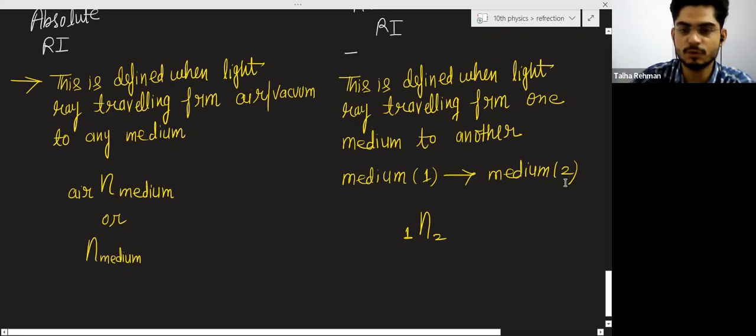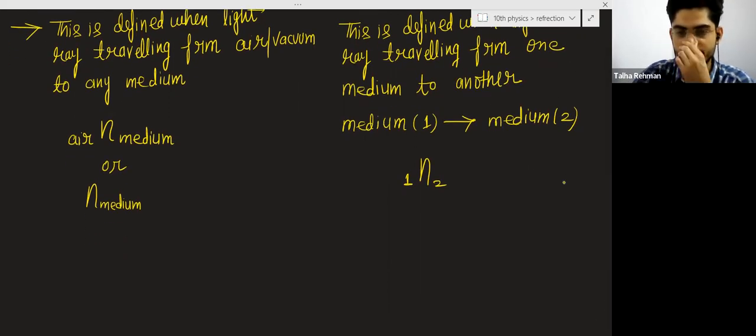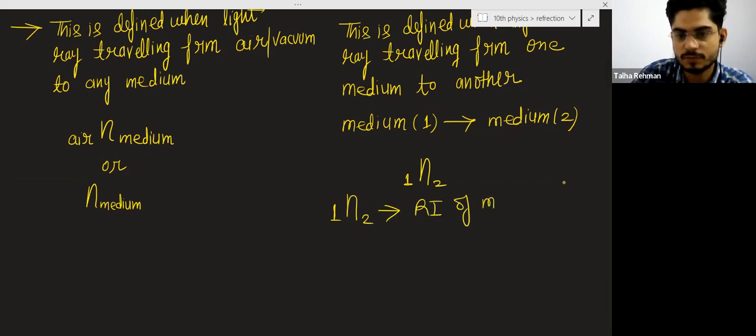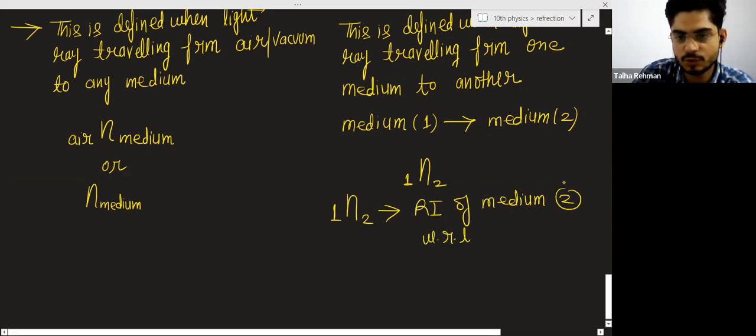So this is known as the refractive index of medium 2 with respect to medium 1.